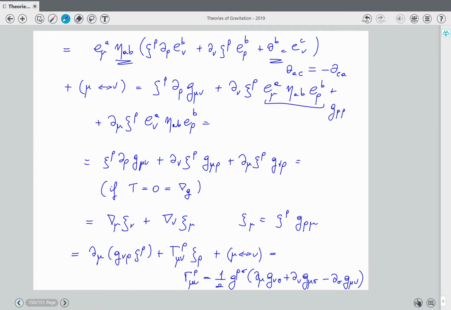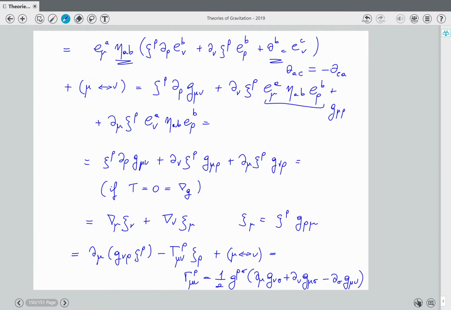Oh, I think that these are lower indices, so the covariant derivative has a minus sign in front of the Christoffel symbols.